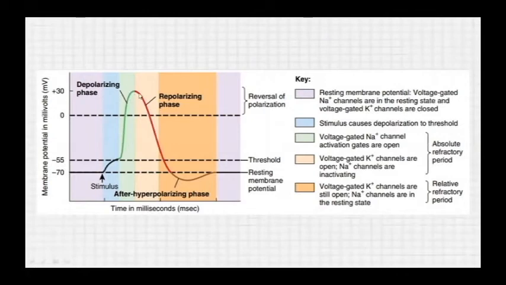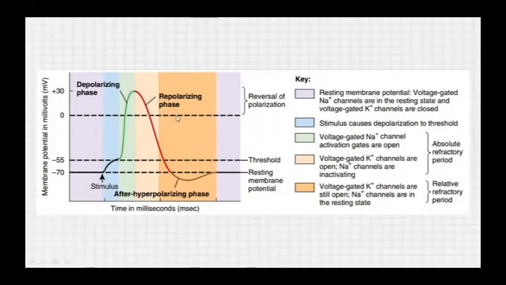And on the yellow, or the lighter orange, is where the voltage-gated potassium ion channels became open, while on the other hand, the sodium ion channels became inactivated. And in the orange part is where the voltage-gated potassium ion channels are still open and the sodium ion channels are at the resting state.